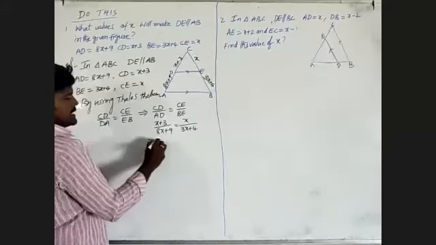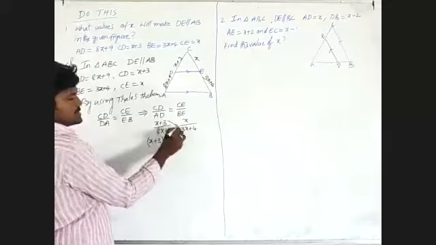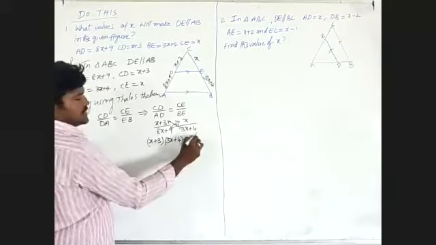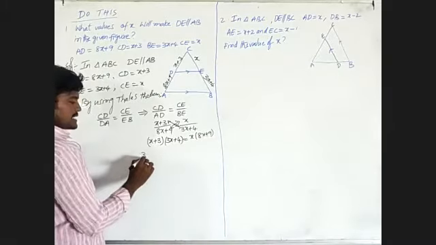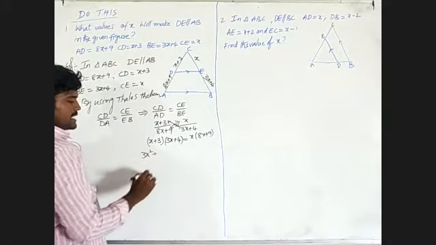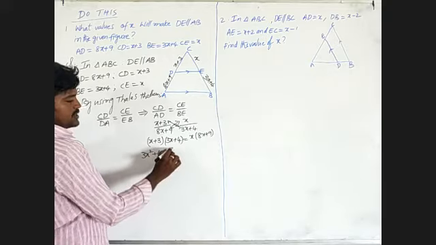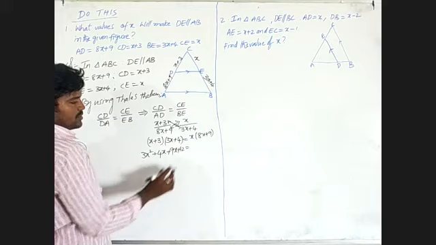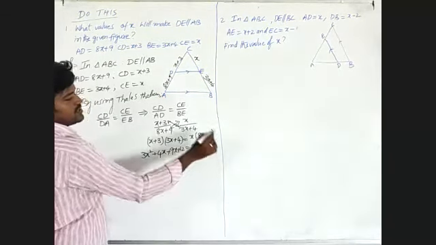That means x plus 3 into 3x plus 4. Here, by using cross multiplication, we will get x into 8x plus 9. That means x into 3x will become 3x square, plus x into 4, that will be written as 4x. 3 into 3x must be 9x. 3 into 4 is 12, is equal to 8 into x square, equal to 8x square. 9 into x is equal to 9x.